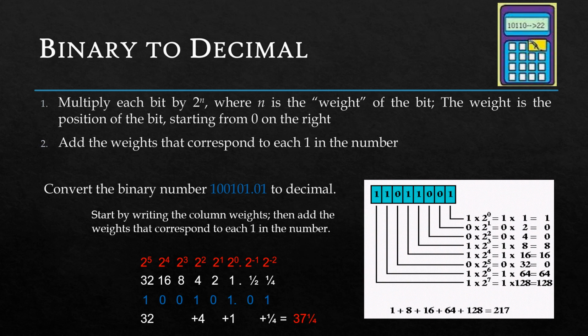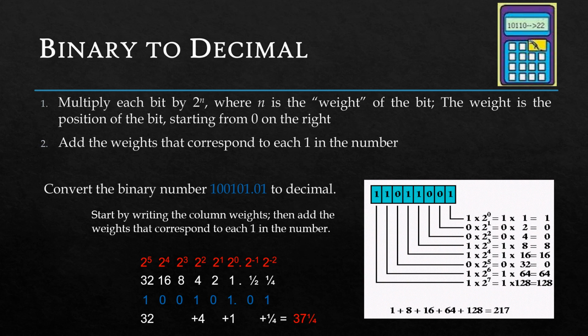Another example: we are given the binary number 100101.01. We need to convert it to decimal. First we write the column weights, then add the weights that correspond to each one in the number. That is the method. The LSB is 1, so the digit before the decimal point can be represented using 2 power 0.